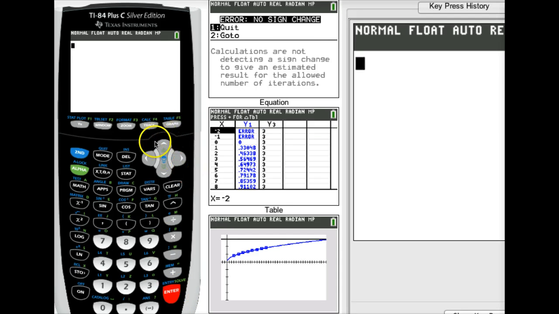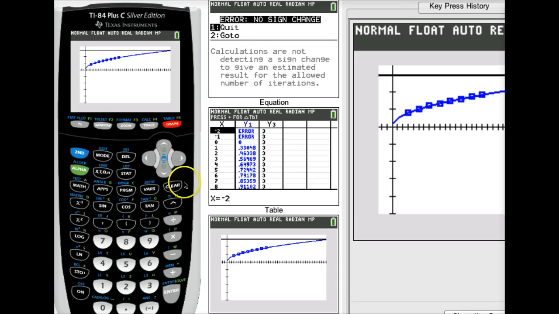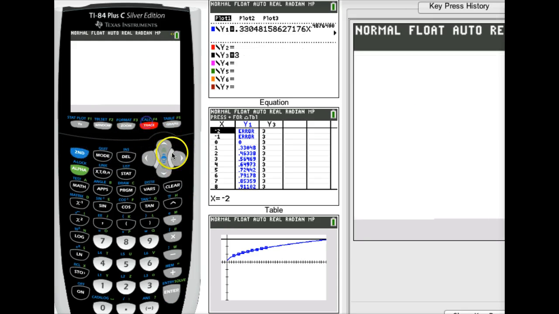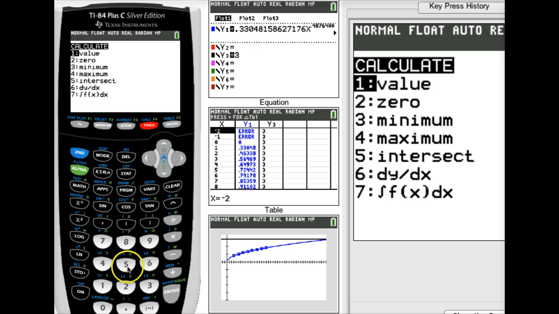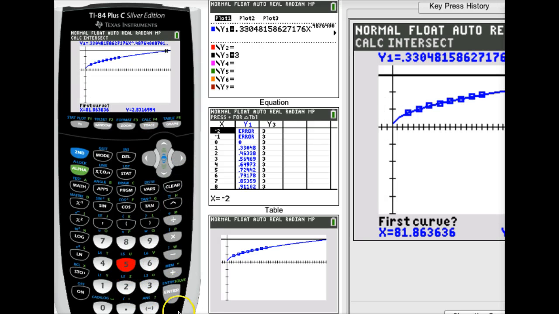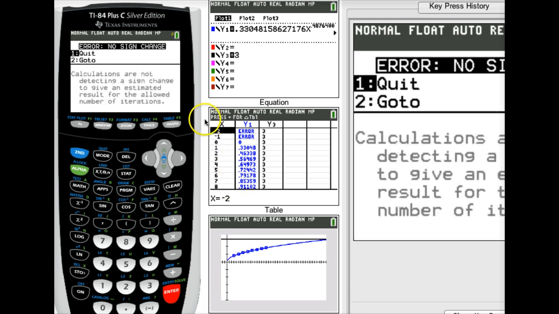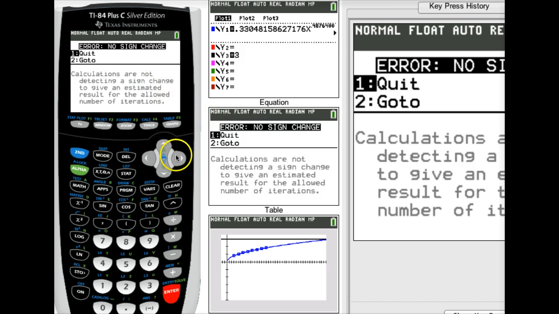And why is it doing that? Let's try again. Second trace, intersect, enter, enter, enter. I don't know why it's doing that, because I have done this before on my own and gotten the right answer.